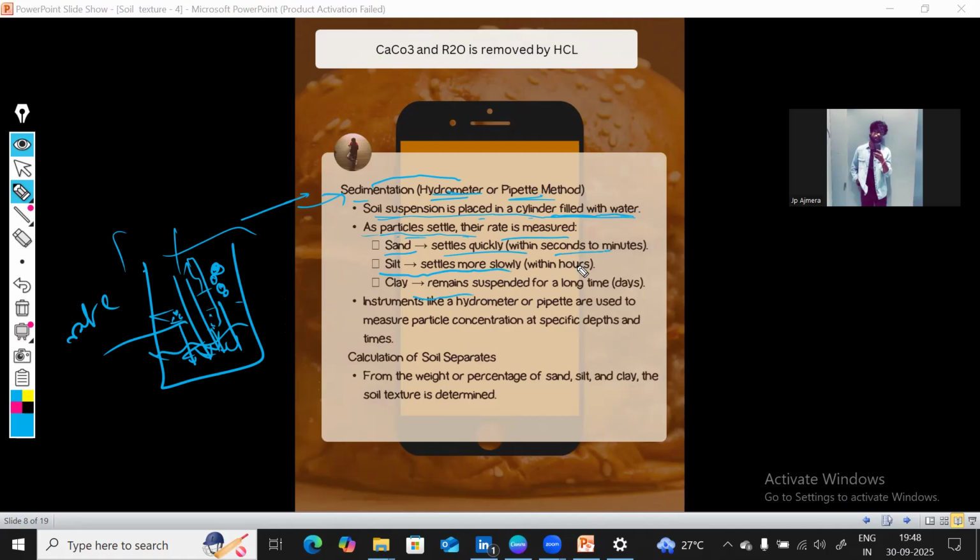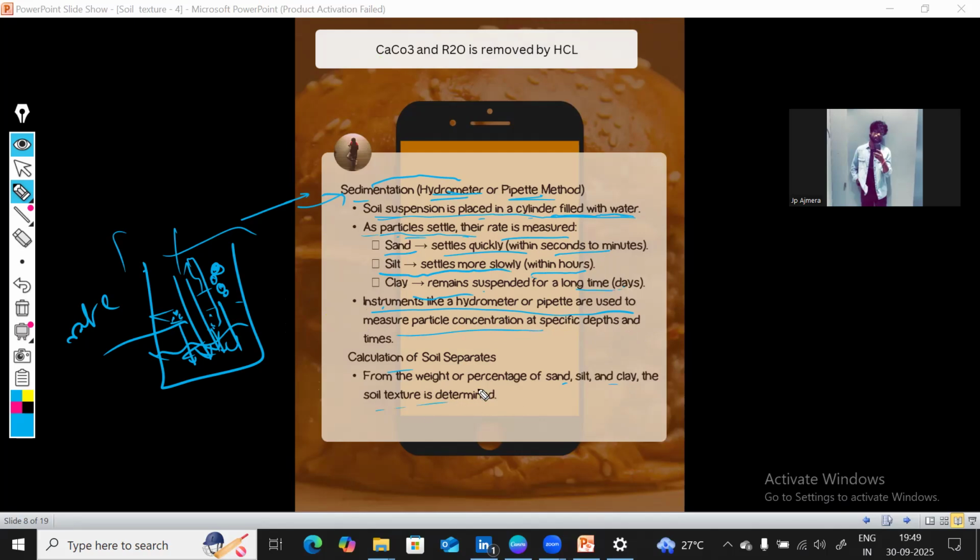Sand will settle down within seconds, silt will settle down within hours, but clay remains suspended for days. Instruments like a hydrometer or pipette are used to measure the particle concentration at a specific depth, and calculation gives the weight and percentage of sand, silt and clay.